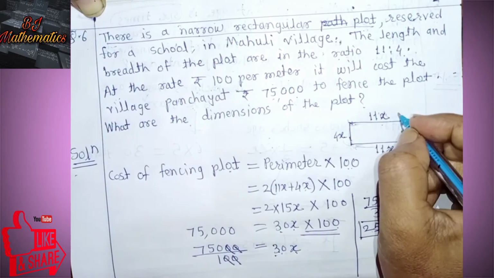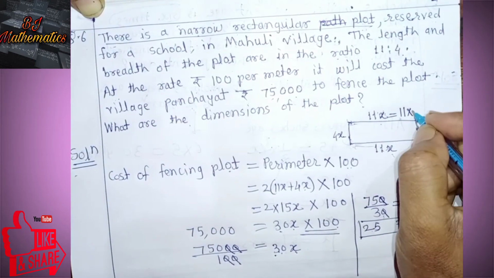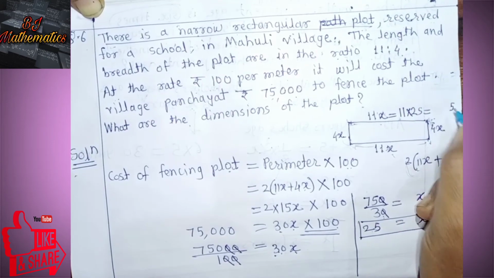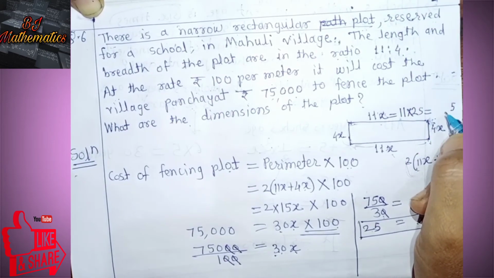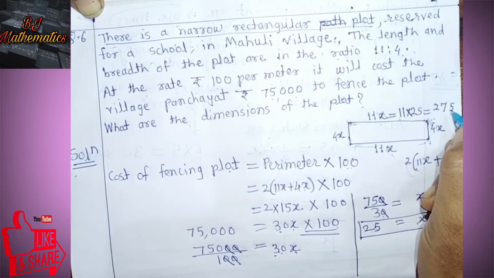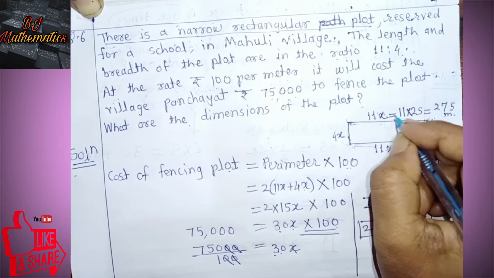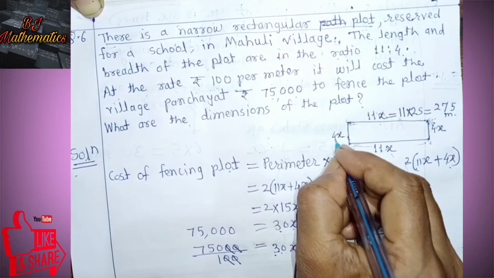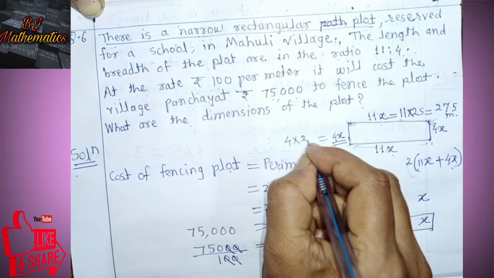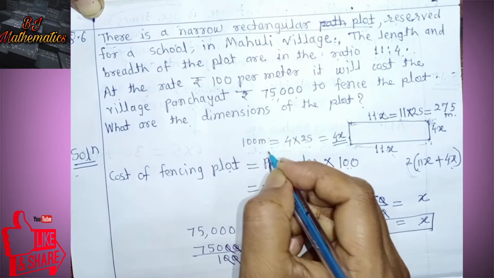Therefore 11x, 11 multiplied by 25: 11 5s are 55, 11 2s are 22, 22 plus 5 is 27. 275 meter is the length, and breadth is equal to 4x, which is 4 multiplied by 25, equal to 100 meter.